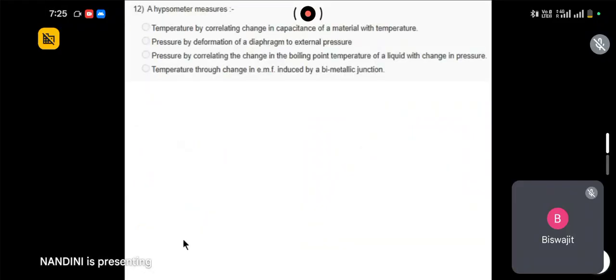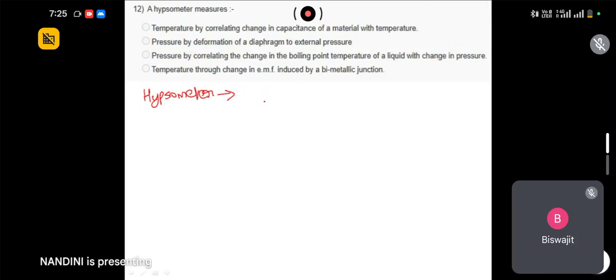Now, a hypsometer. What is a hypsometer? A hypsometer gives you the boiling point temperature of a liquid at a given pressure.